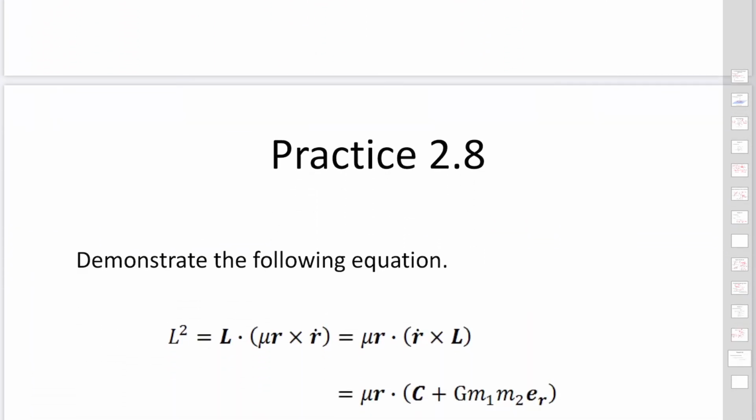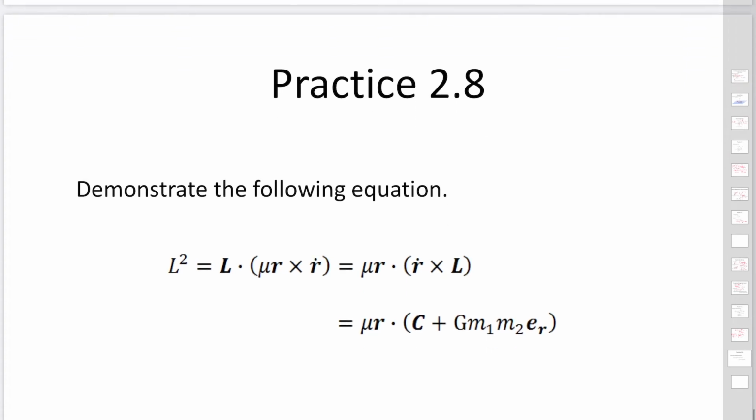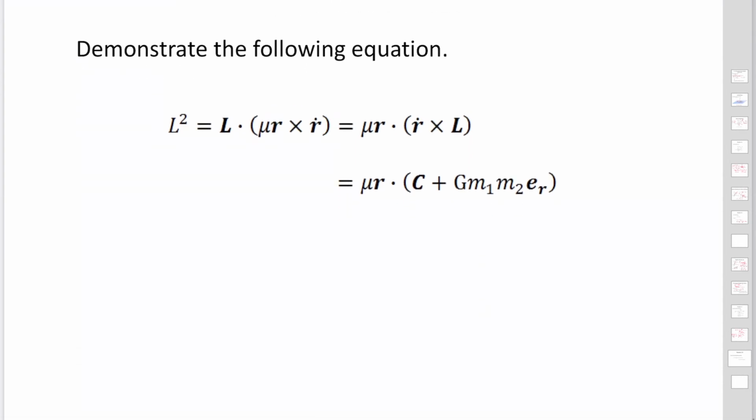Then we'd like to move to the next, practice 2.8. Demonstrate the following equations. L squared.